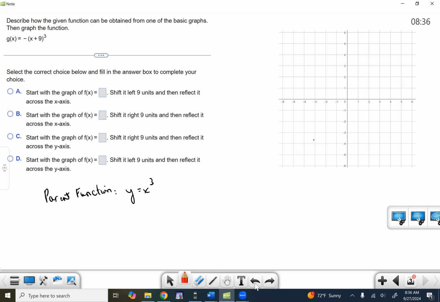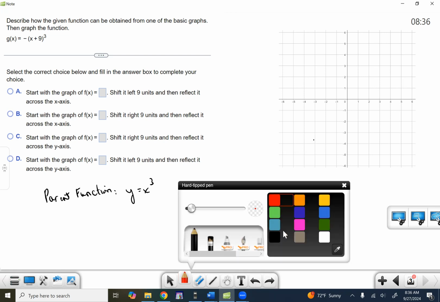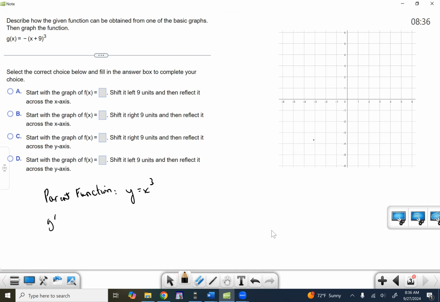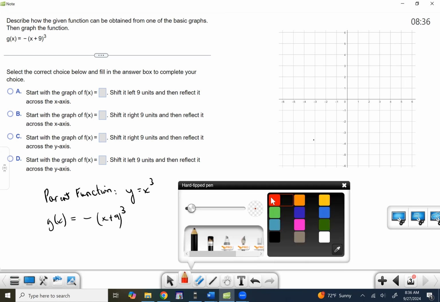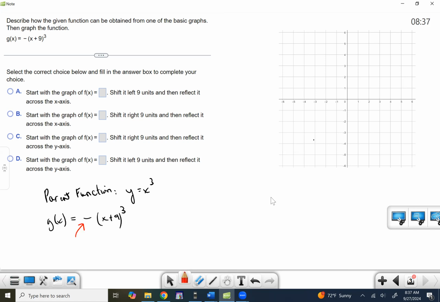It's like the bare bones, okay? So now what we have to figure out is this function g of x, what transformations is it doing to x cubed? Okay, so let's start off with this negative out front. A negative in front of the function versus inside the function.